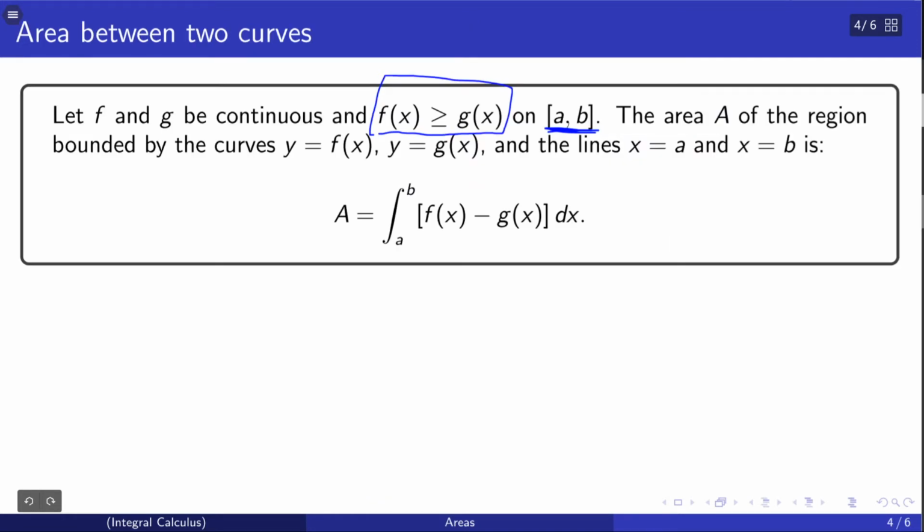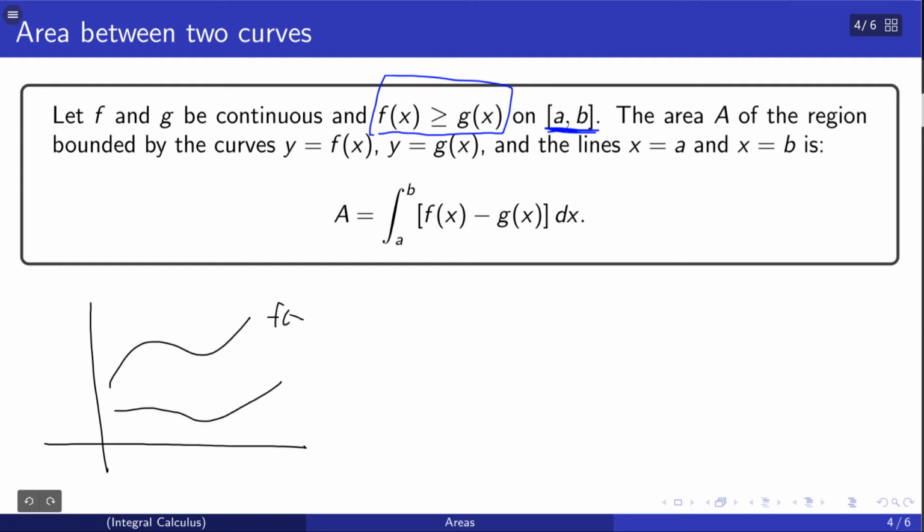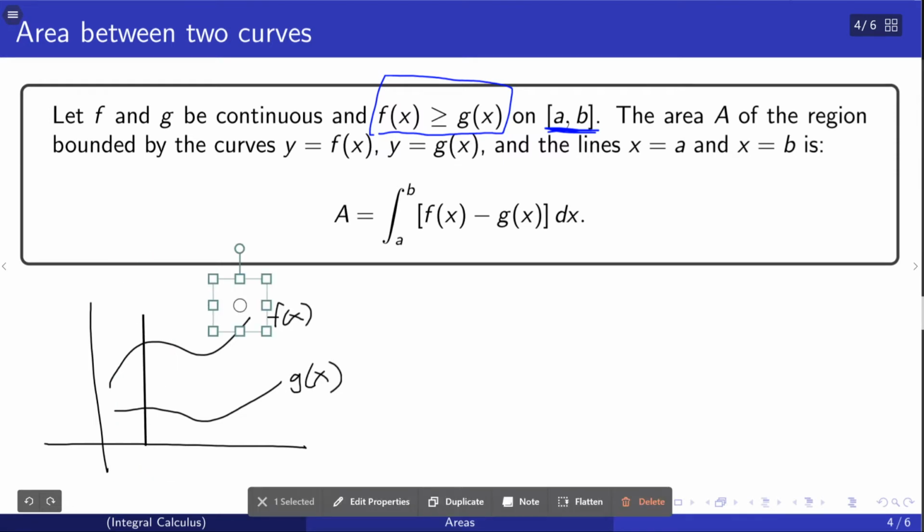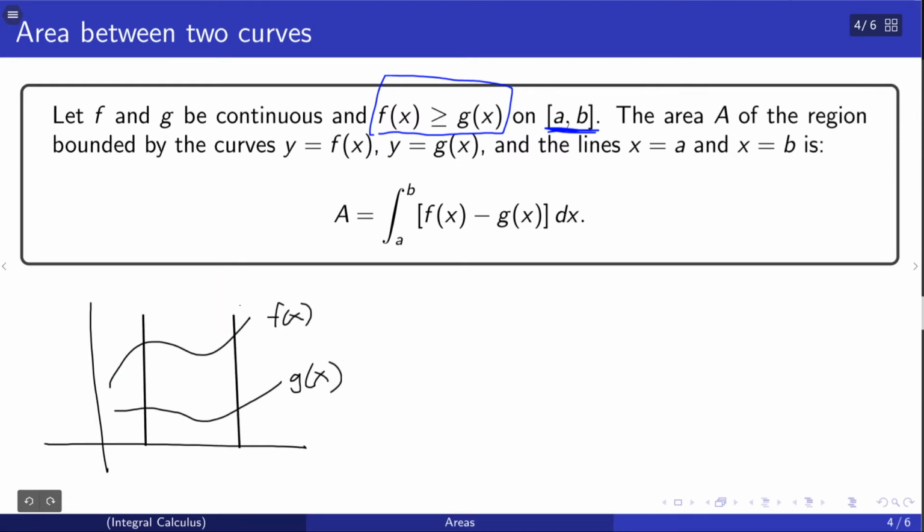Now, if you think about it from the perspective of, again, your Riemann sum definition of definite integrals, well, it also makes sense, right? If f of x is on top and g of x is below, and let's say that's a and that's b, remember that for Riemann sums, we divide this whole interval into many subintervals, right?